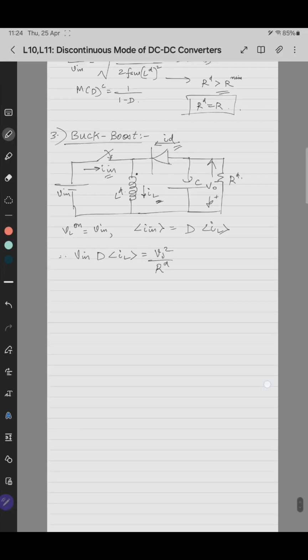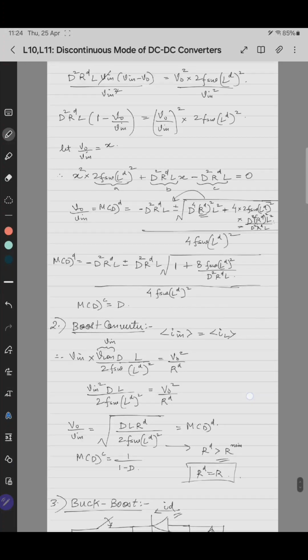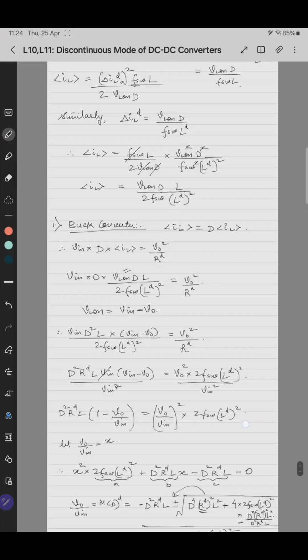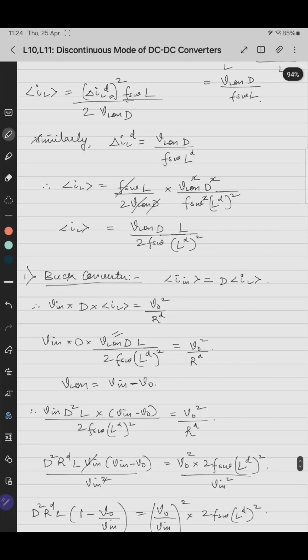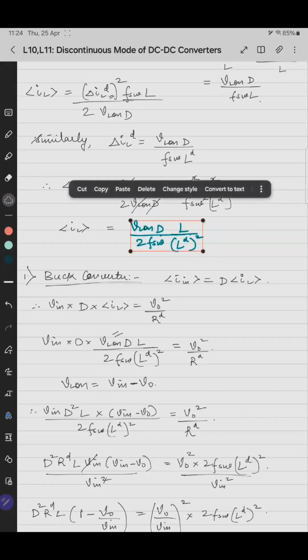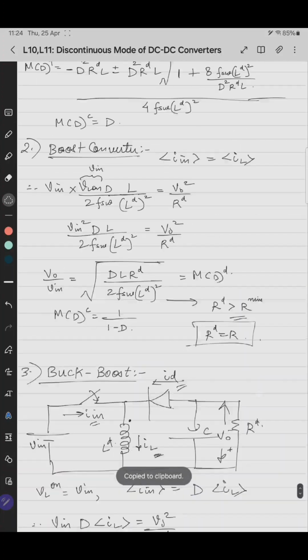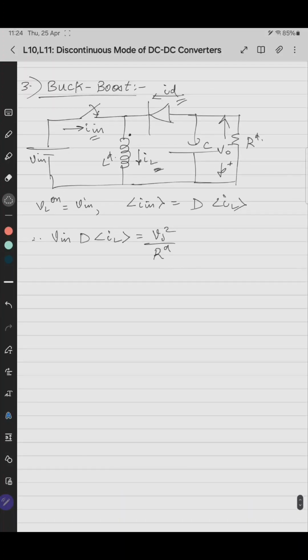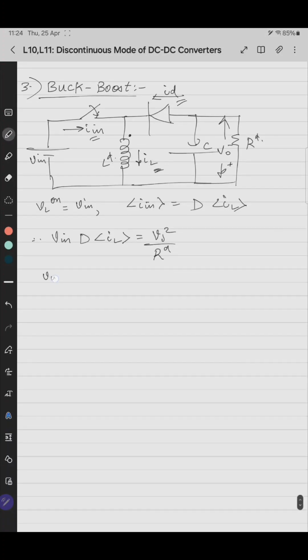So the expression of IL we will write: V in into D into, we'll paste this expression.